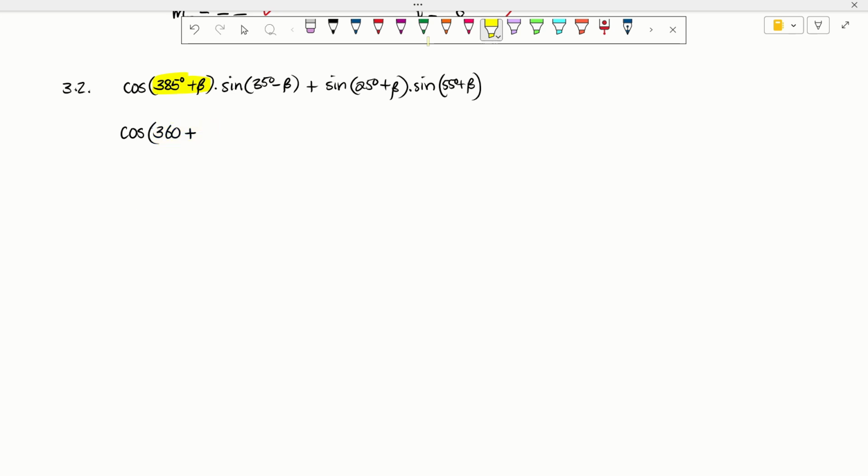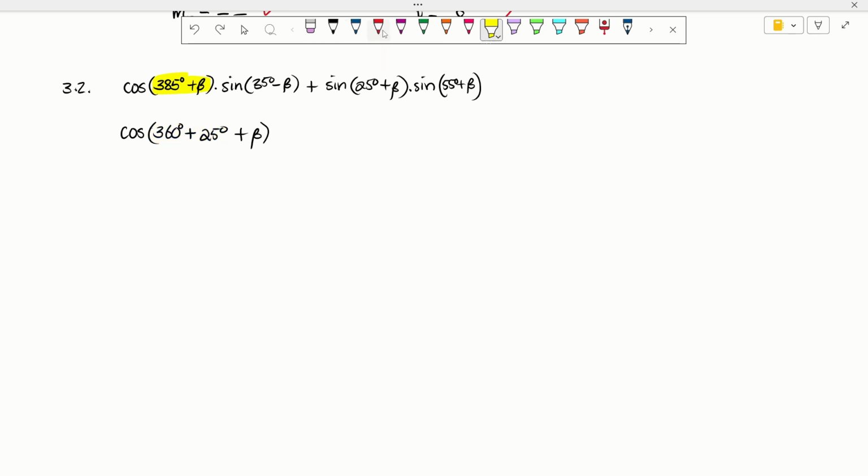But I can break 385 into 360 plus 25 degrees, and then add my beta after that. Then I didn't change anything. You can see 385 is still 360 plus 25.